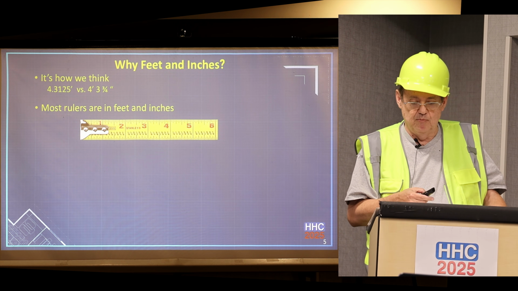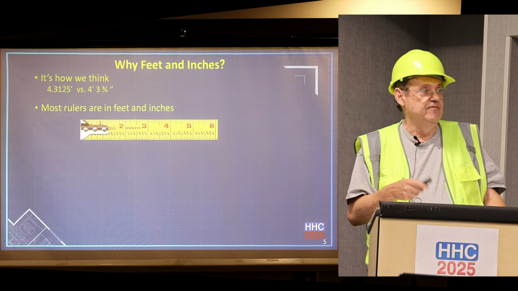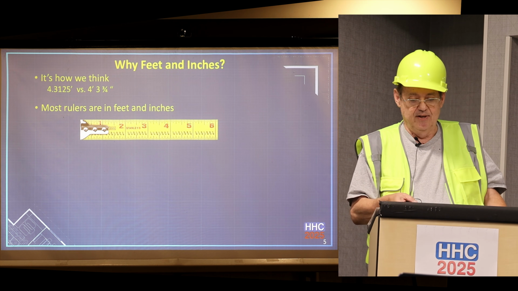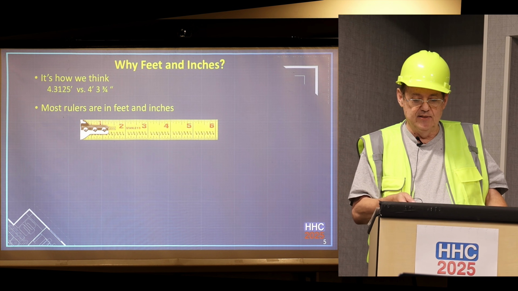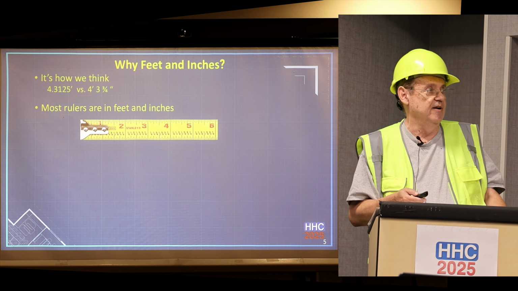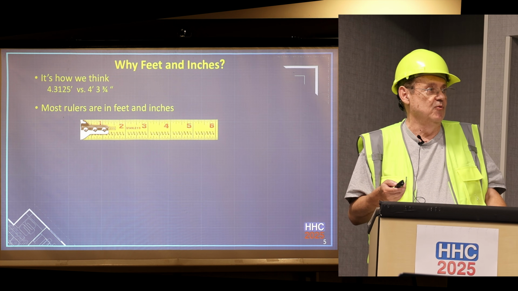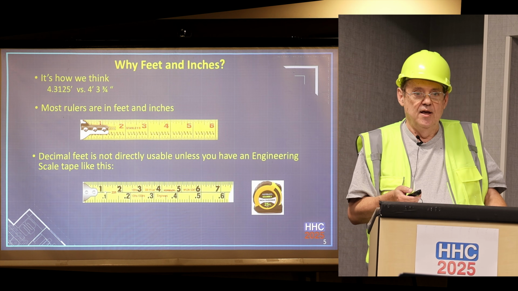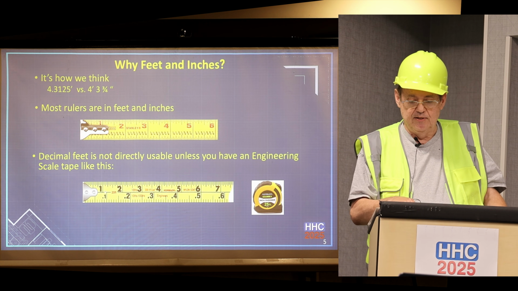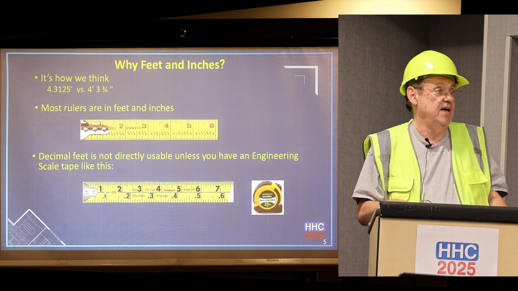Second reason is most rulers are in feet and inches, like this one, tape measures and whatnot. So if you had something that was 4.3125 feet, you don't have a ruler that would actually measure that. Except decimal feet are not directly usable unless you have an engineering scale.